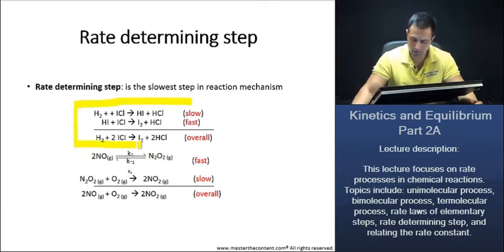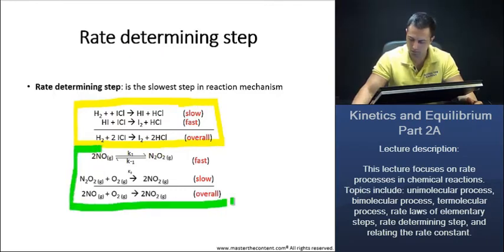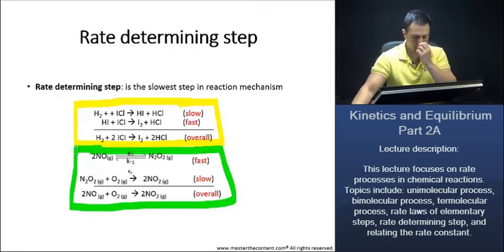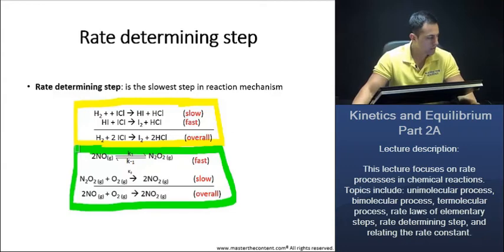Let me just highlight them so we don't confuse the two of them. Okay, perfect. Looking here now at our first reaction, these two are elementary steps. These two here, they're elementary steps.